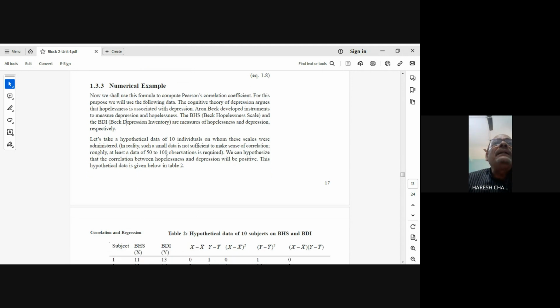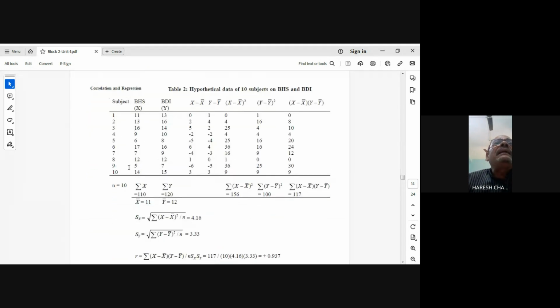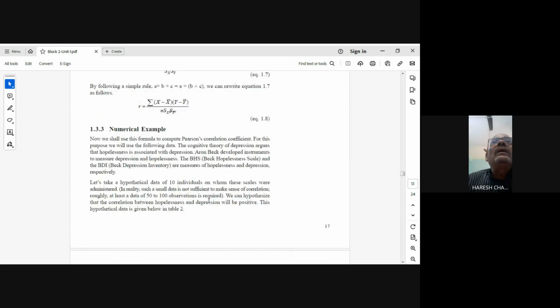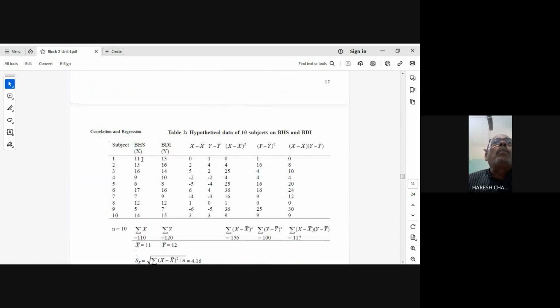Now two scores are given here. There are 10 people. I am telling you, this is where you are more likely to face problems in your examination. Important that I will be discussing. One, here you see the BHS hopeless score. BHS, Beck hopelessness scale, was administered to 10 people, and this is about their scores, 1, 11, 13 like that.